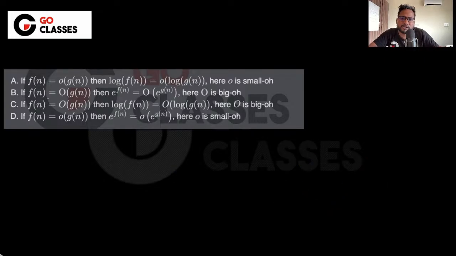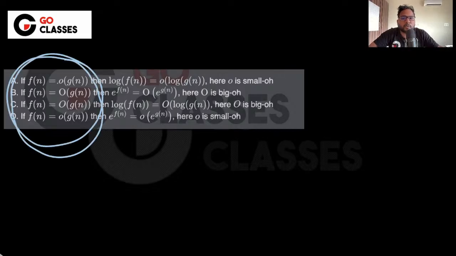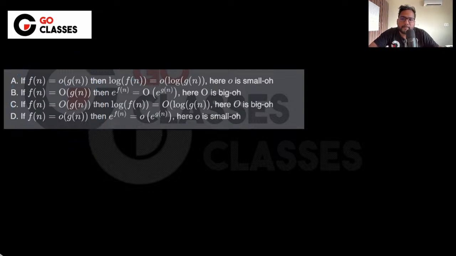Now let's just see this question. This question is revolving around only one concept: given that the relationship between fn and gn is small o or capital O, then after taking log or after taking power, what can you say? Basically this question is revolving around two cases only. Case one, suppose fn and gn are related by small o.